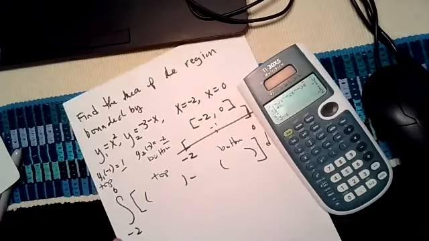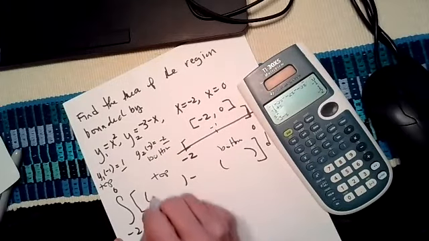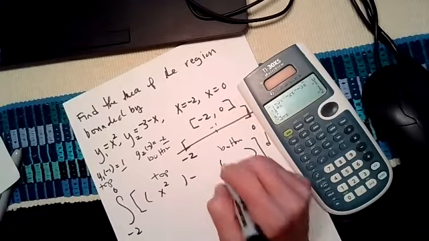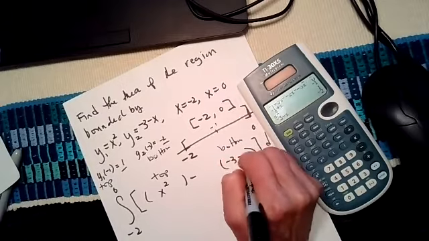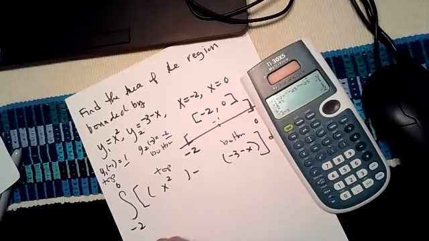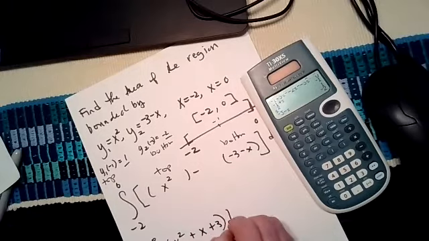So my top function y1 is x squared. My bottom function is minus 3 minus x. So I'm going to distribute my negative. x squared, I'm going to put it in order, plus x plus 3.